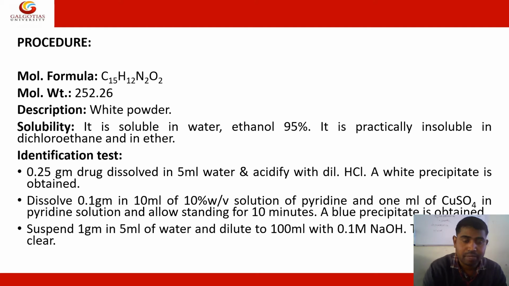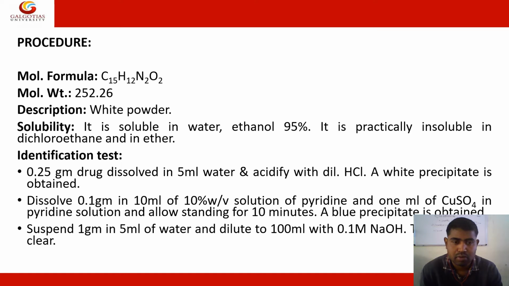In the solubility portion, it is easily soluble in polar solvents like water, ethanol, methanol, and it is practically insoluble in non-polar solvents like dichloroethane, ether. These are examples of solvents that you can write in the solubility portion.